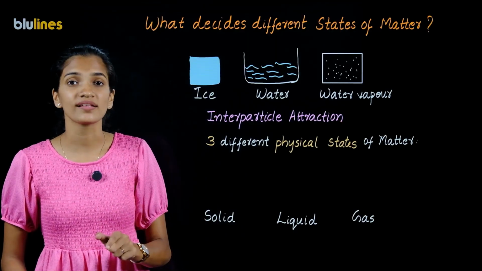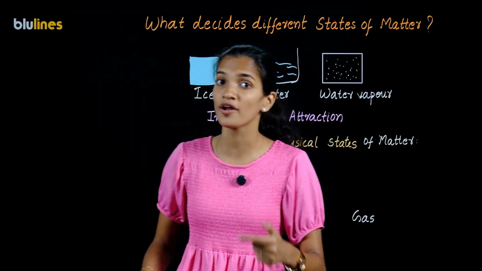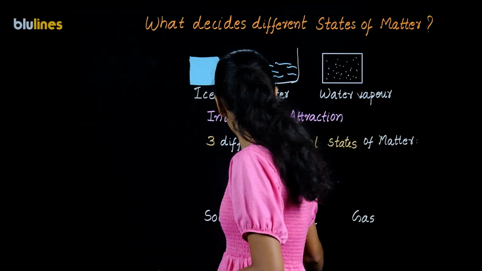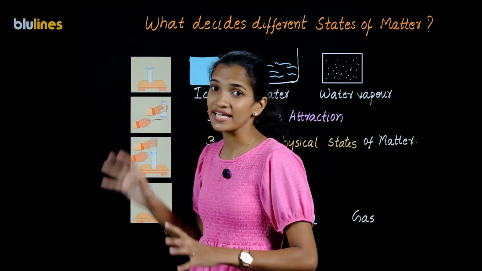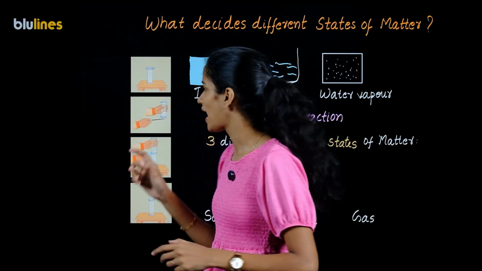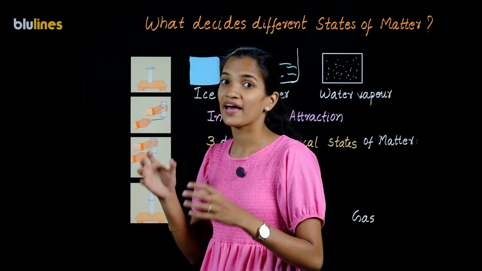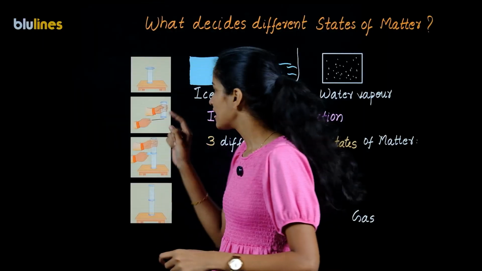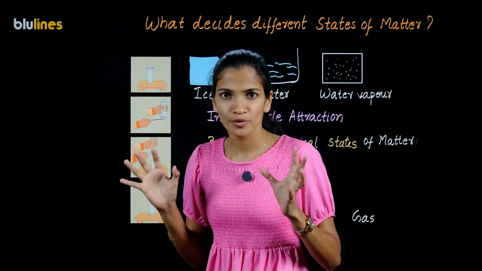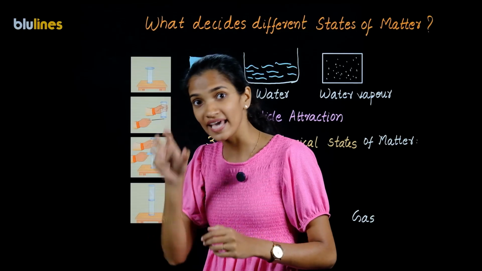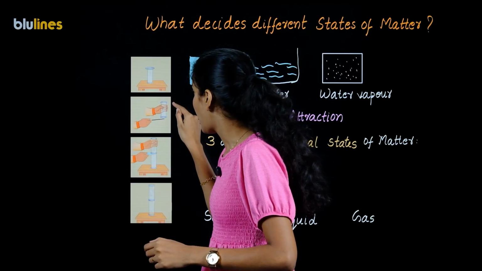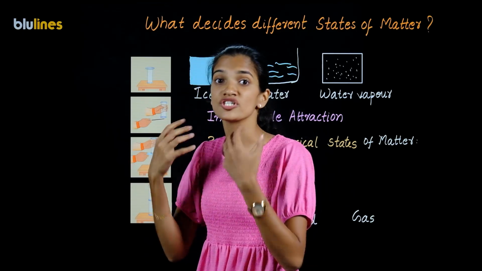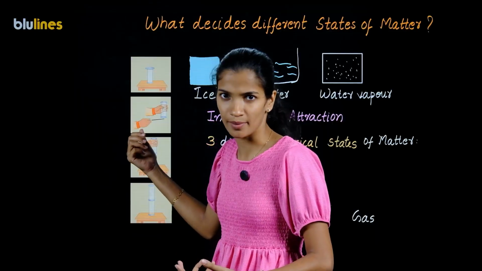Let me show you another example to make you more aware about gases. Here consider I have taken a closed glass tumbler, and in one portion I have collected some smoke from an incense stick. Now the smoke is obviously gas, you know that, and the gas enclosed in this glass tumbler has the shape as well as volume of this tumbler.